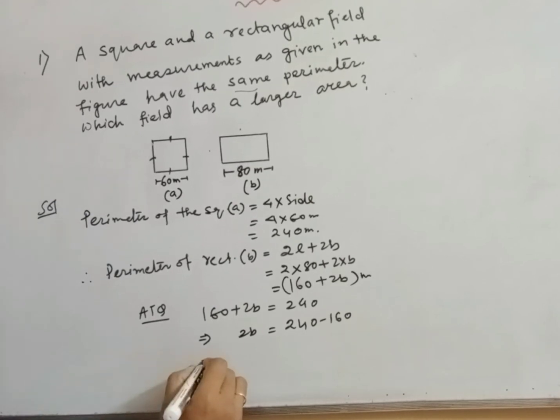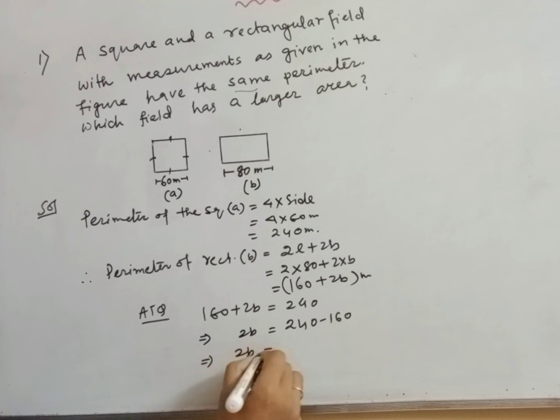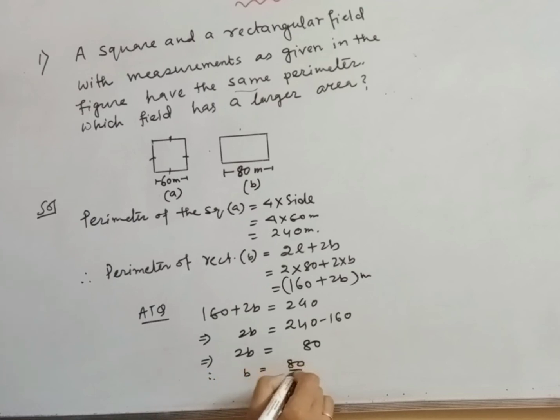If you subtract it, 2B is equal to 80. Therefore B is equal to 80 by 2. Cancel it, you will get 40. So B will be 40 meter. That is the breadth of the rectangle. Breadth of the rectangle is equal to 40 meter.